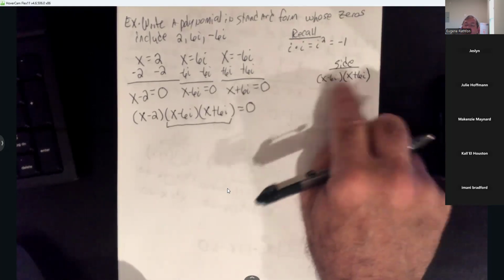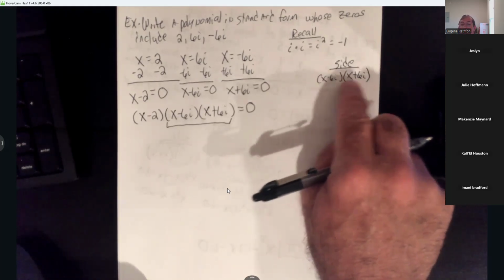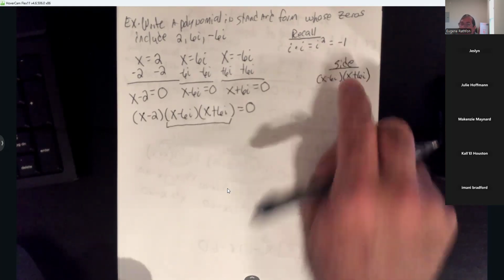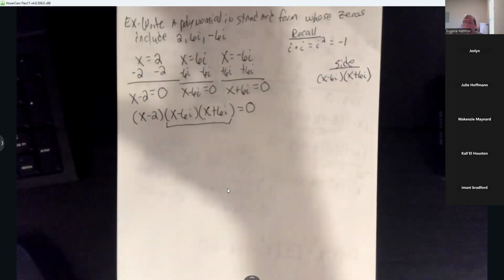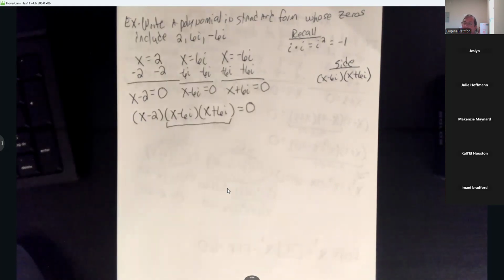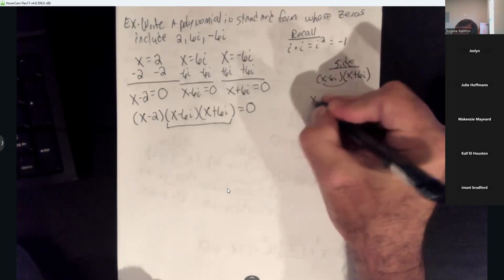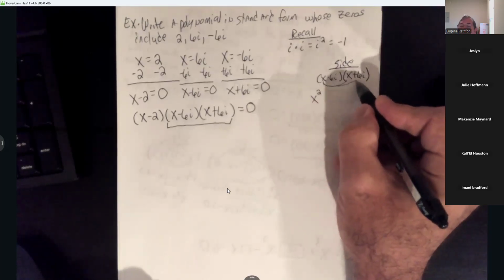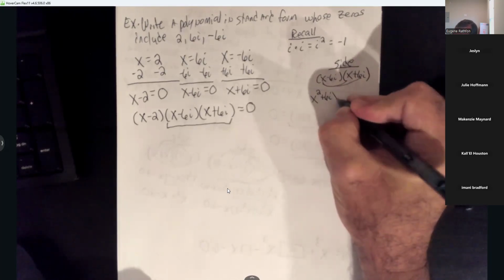And y'all, I'll tell you a little trick on these. We call these conjugate pairs. They look exactly the same except one's being subtracted, one's being added. When you multiply conjugate pairs, the two middle terms always cancel each other out. So watch what I'm going to do. I got an x times an x, that's an x squared. x times 6i is a positive 6ix.